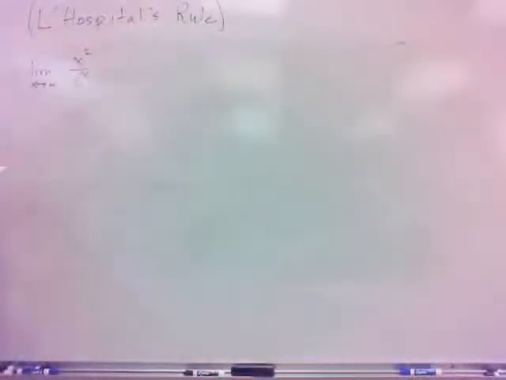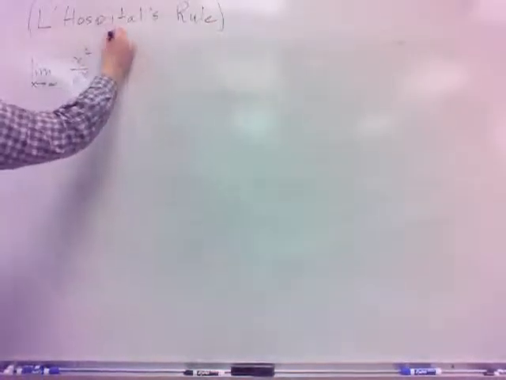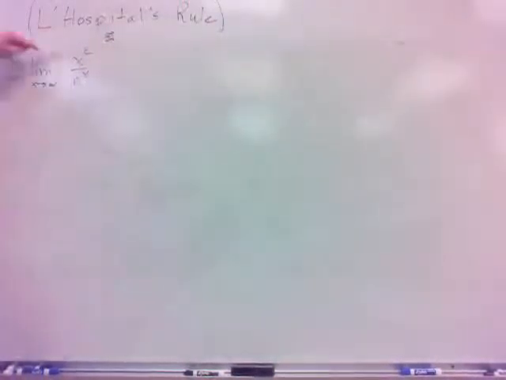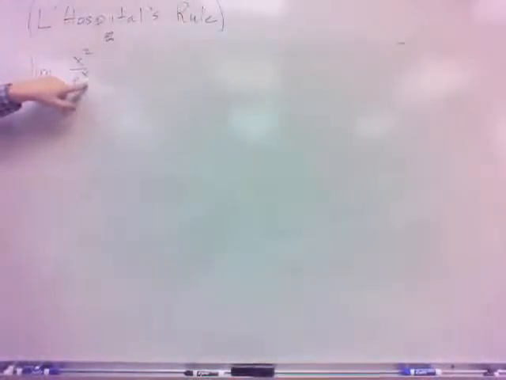Well, that is infinity over infinity, isn't it? The top, infinity squared is infinity. E to a power that's getting bigger and bigger and bigger is infinity, right? So it's infinity over infinity. So we can L'Hopital this.